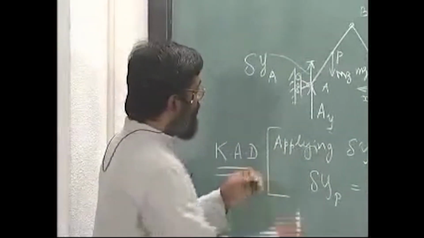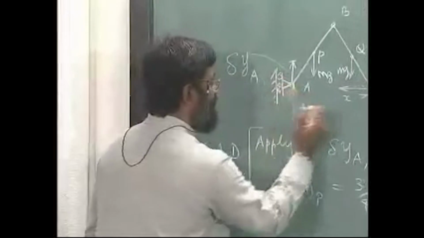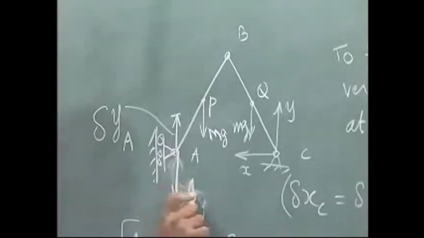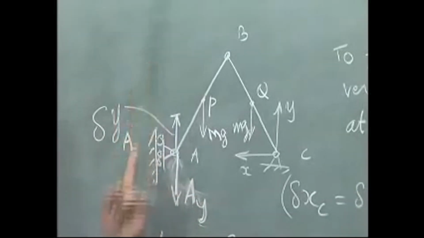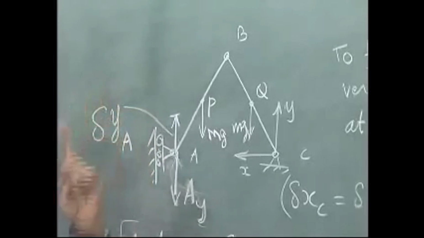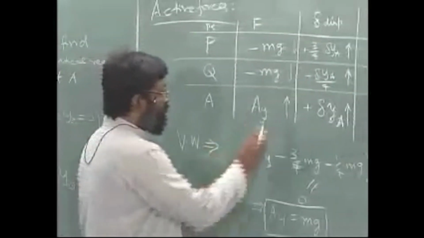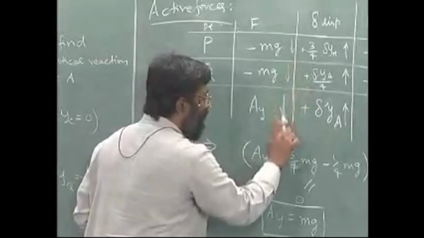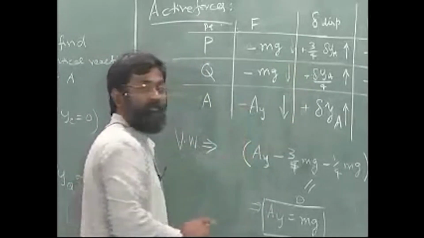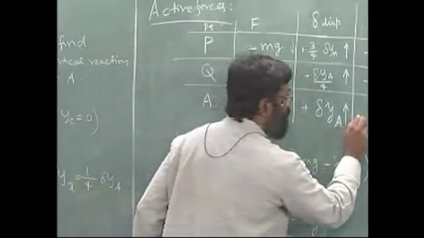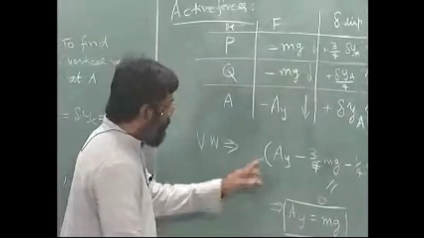Supposing we had started with this, let us say the direction is like this and Ay, and we had applied a virtual displacement in the upward direction. Now this would be downward like this and therefore a negative value, and this would have become negative, right. What would happen here?